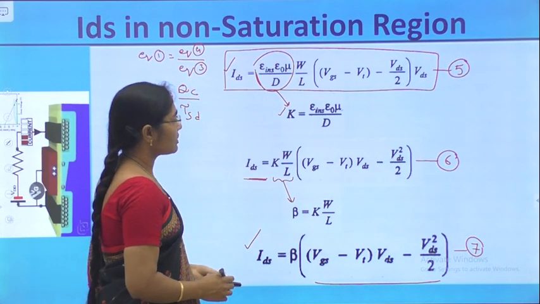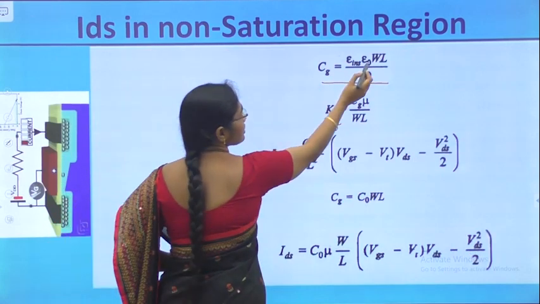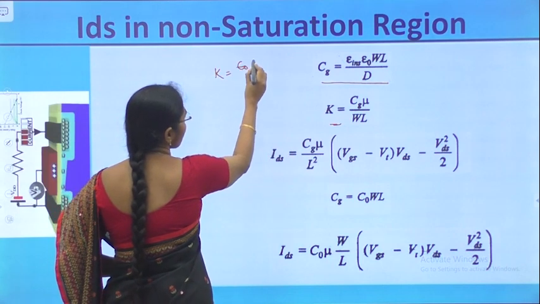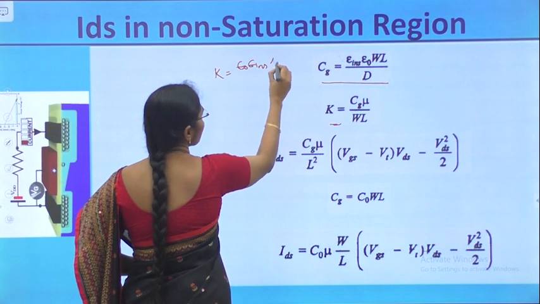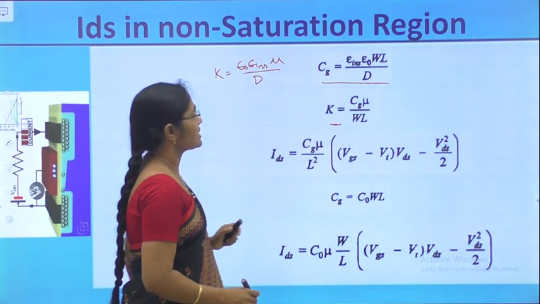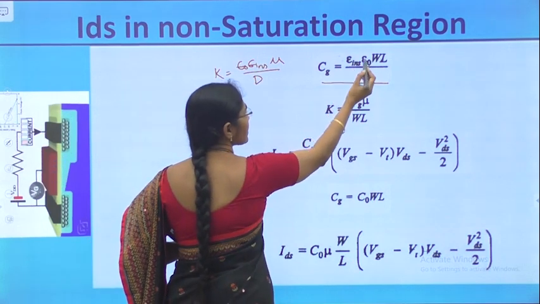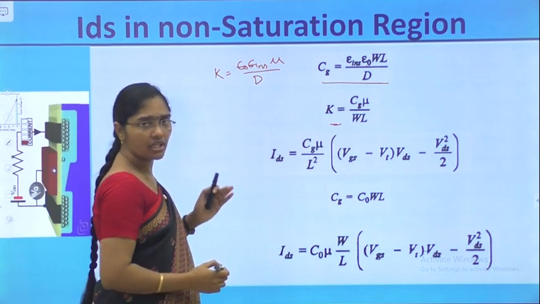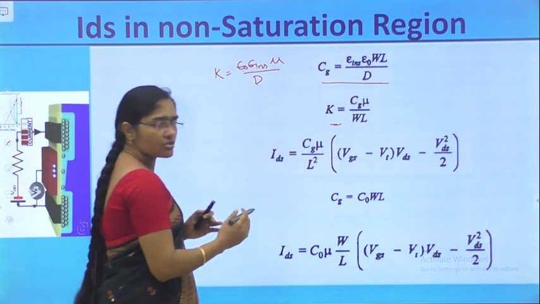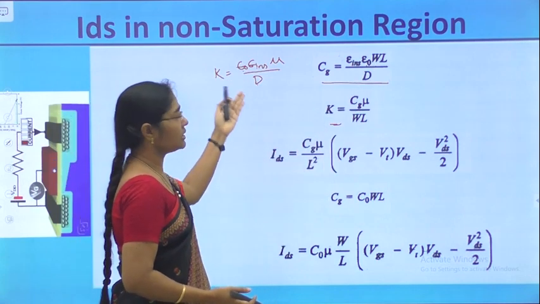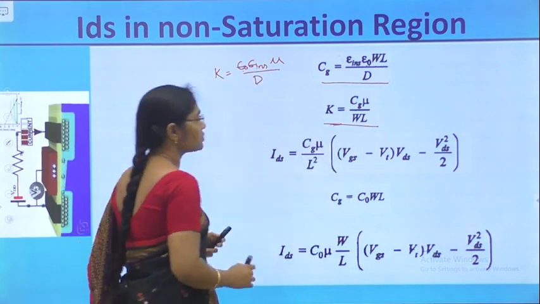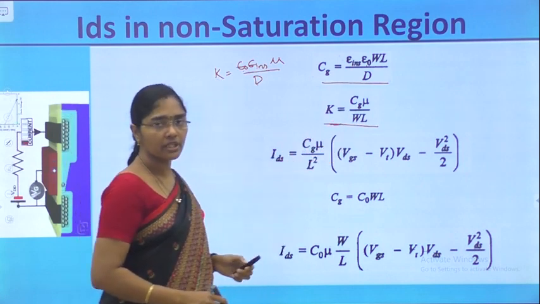K is equal to epsilon naught, epsilon insulator, mu by D. Now, I can write this K in terms of Cg, because Cg is equal to epsilon insulator, epsilon naught, W into L by D. In this, I have epsilon naught, epsilon insulator and D, but WL is not there. So, just multiply and divide by W into L here. By doing that, K becomes Cg into mu by WL.